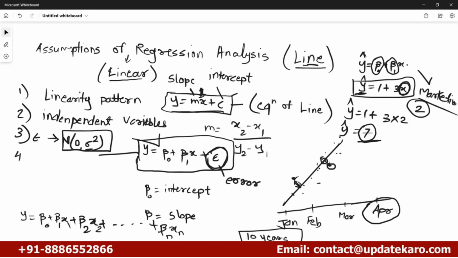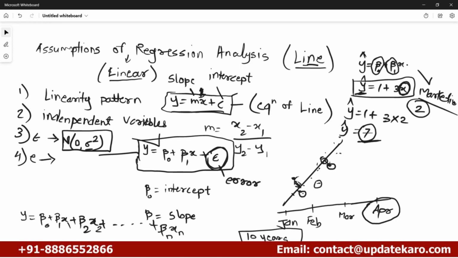Now the fourth assumption is going to be the E. E stands for the error being IID normal distribution. There is no single error, because between each and every data point there is a distance.